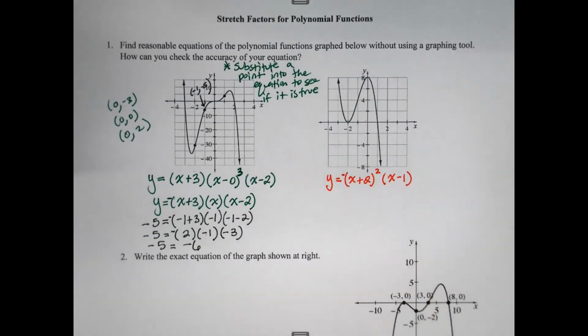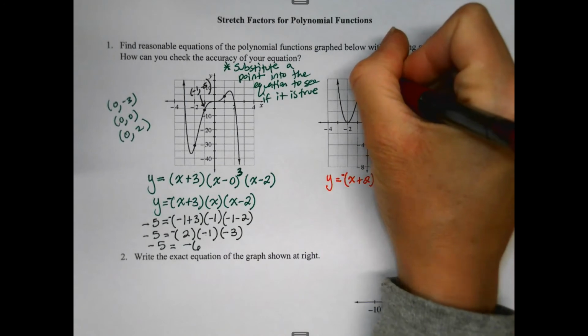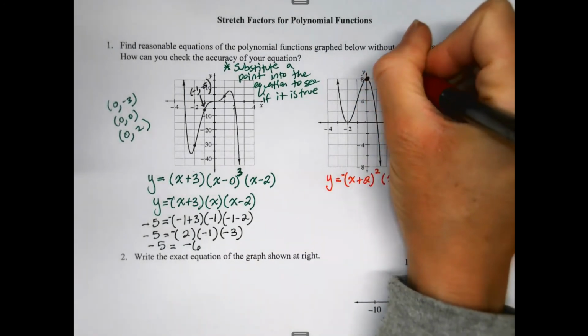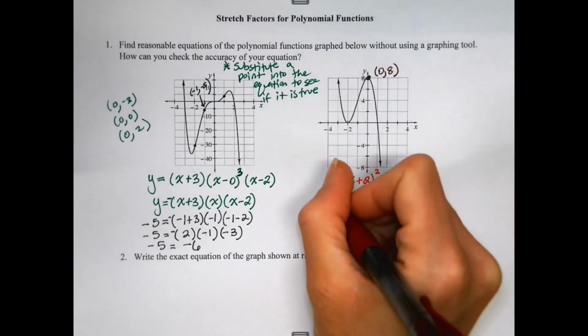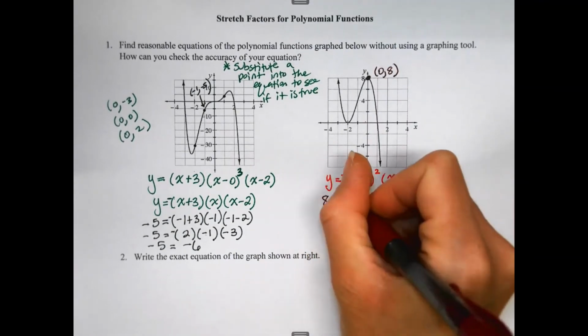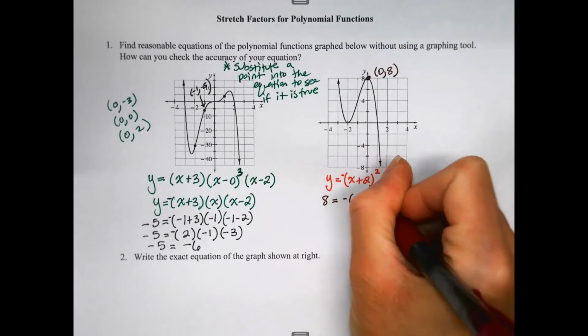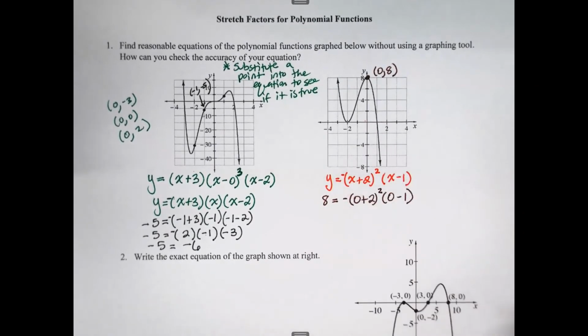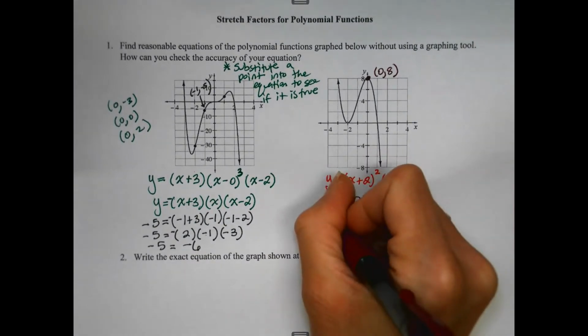Now let's check to see if this is an accurate representation of our graph. We know that this graph goes through a point of 0, 8. Therefore, if I substitute in 8 for y and 0 for x, we will find out if this is a good representation.